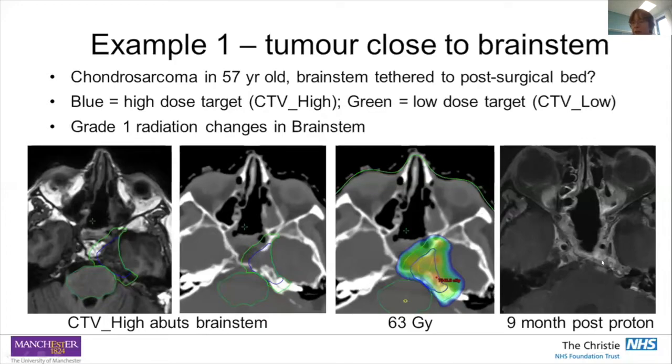And that we achieved. But you can see here on the 9-month post-proton scan, a small area of radiation changes in the brainstem. Unfortunately, this was asymptomatic, what we call grade 1 radiation necrosis. But this just shows, I guess, the vulnerability of the brainstem to the doses round about the surface doses that we are allowing.